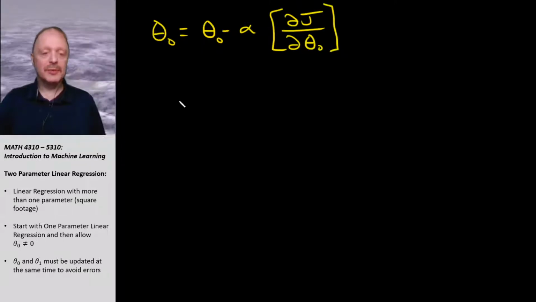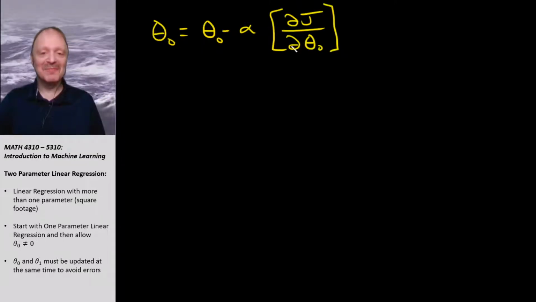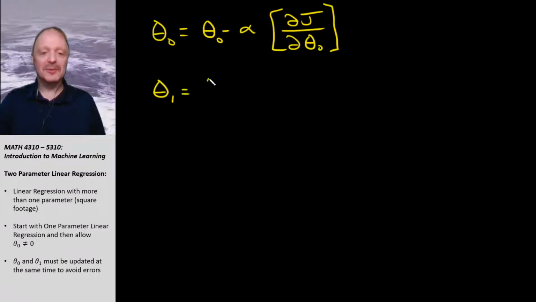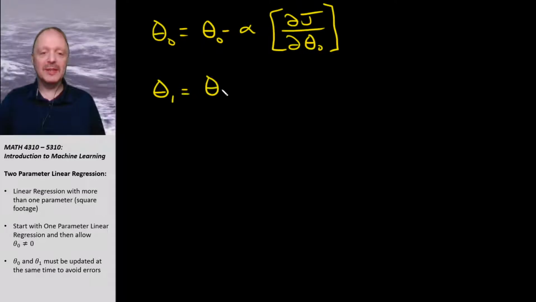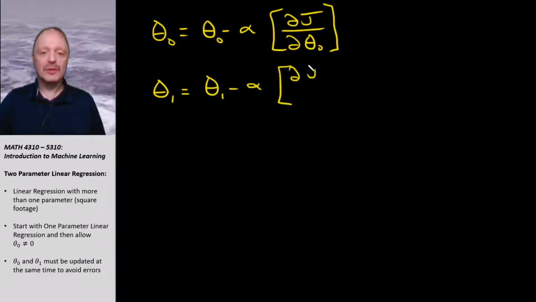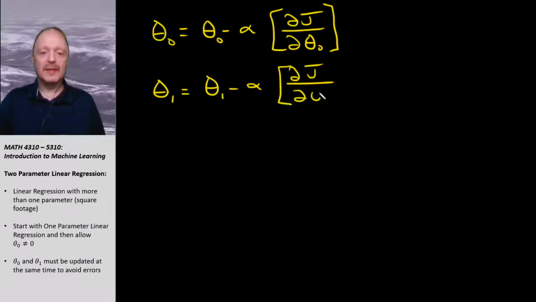So this is in the code, and we'll assume that that means something in the code. And then theta 1 new is equal to theta 1 old, minus alpha partial of J with respect to theta 1 now.